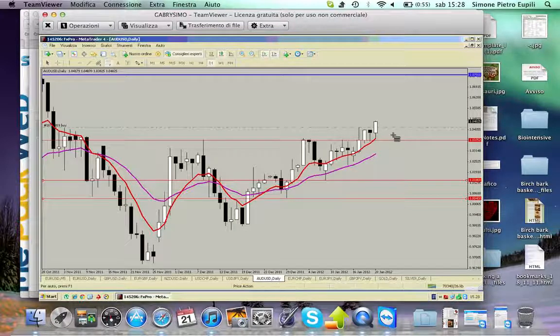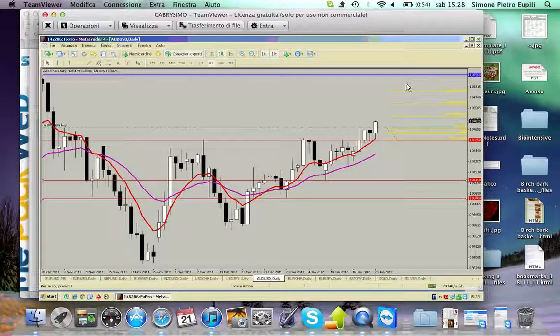I'll set and forget this trade because I have an edge on this kind of market, on this kind of trade. I have my stop loss here, and I can take at least 4 times the amount of money I was risking.